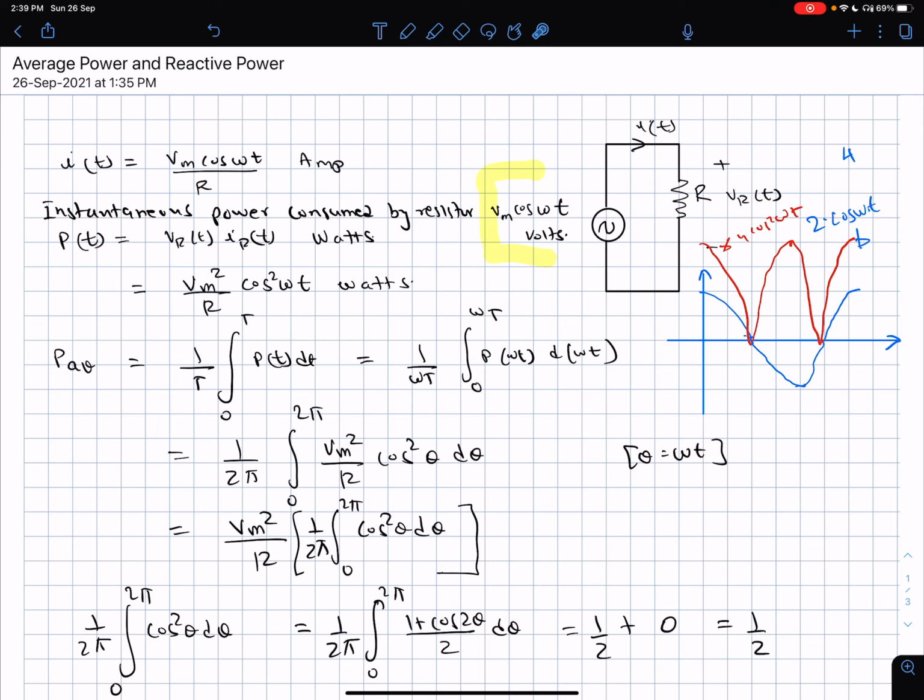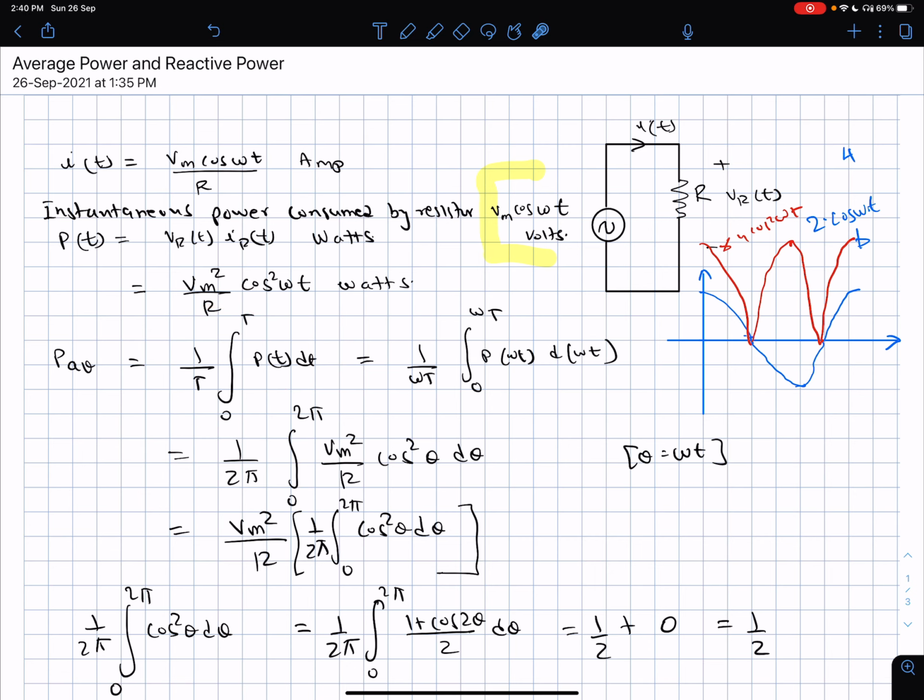Once something is pulsating, the next question that comes to my mind is, what is the average power? The average power, which I have defined as P average here, when dealing with sinusoids, is the power consumed in one time period.